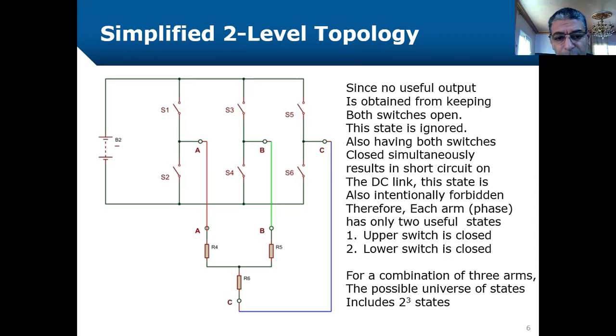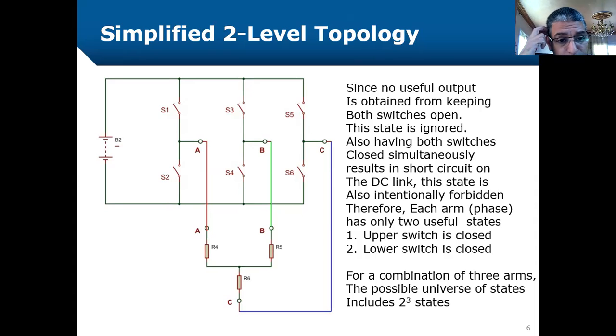For the other cases, there is no way to switch on S1 and S2, the upper and lower switch, in any of the 3 arms simultaneously, because this will result in shoot-through or a short circuit on the DC link capacitor. So this case also is excluded. If we exclude these states, we are left with only the possibility to switch either the upper switch or the lower switch.